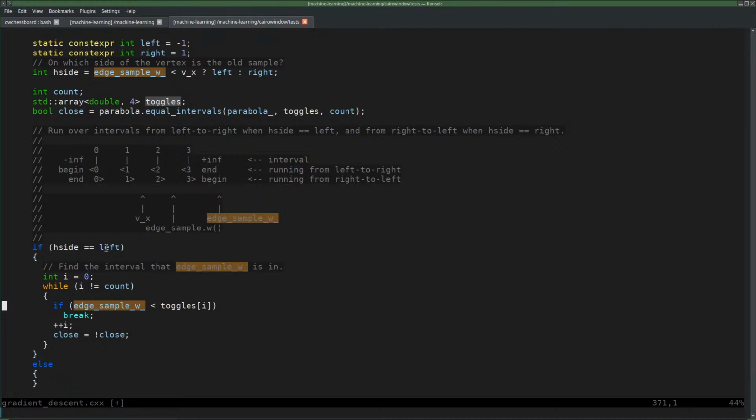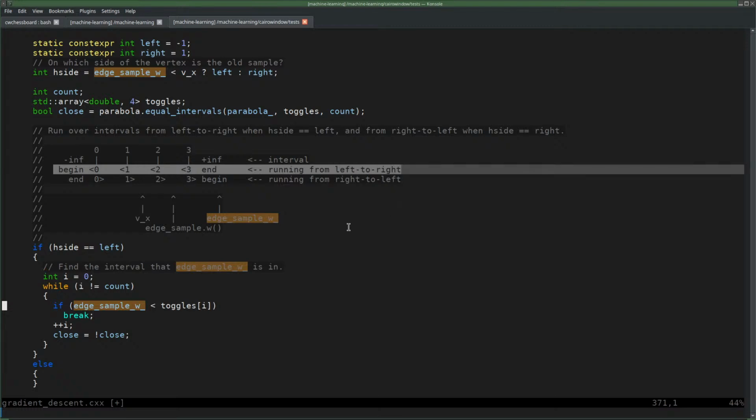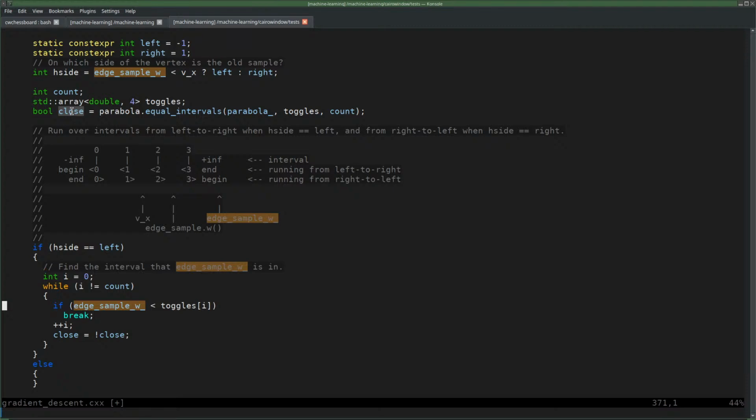Left means to run from left to right. Therefore, this is the case here. Now we begin at 0. And then if this edge sample is less than the toggle, then we are in the minus infinity range. Therefore this close holds, because that is the value that corresponds to plus or minus infinity. And the interval I call 0, which is just on that part.